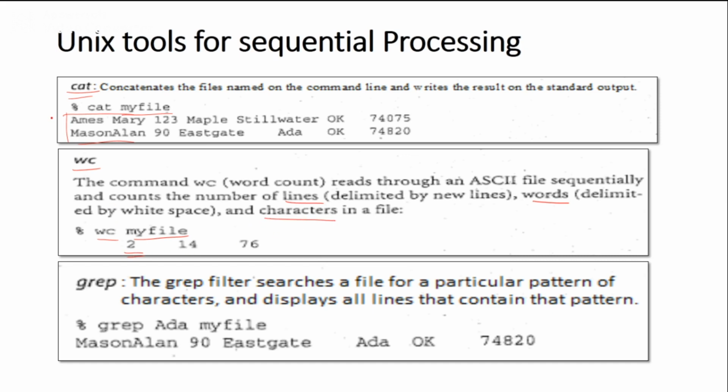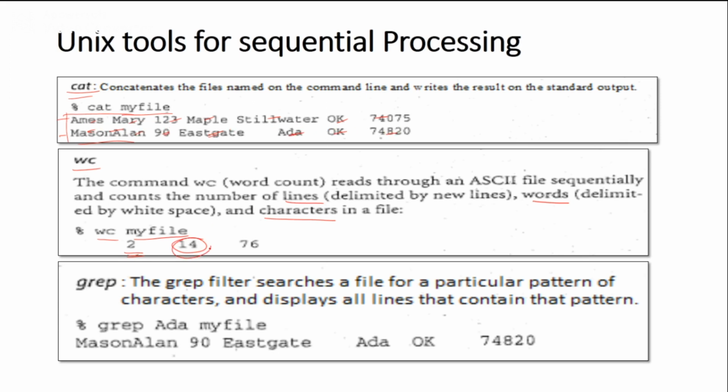So here the number of lines or records is 2, and then the number of words is 14. 1 2 3 4 5 6 7 8 9 10 11 12 13 14.